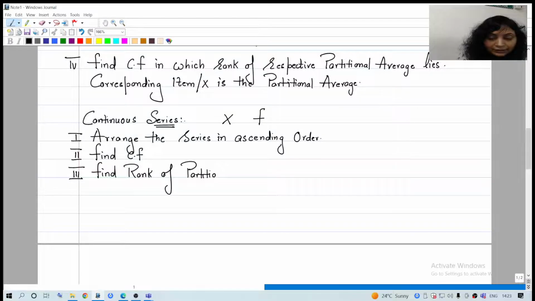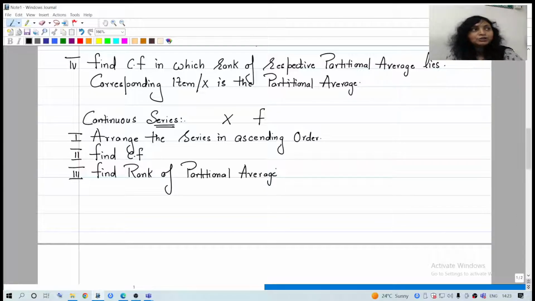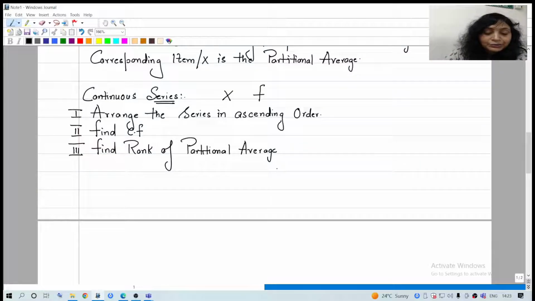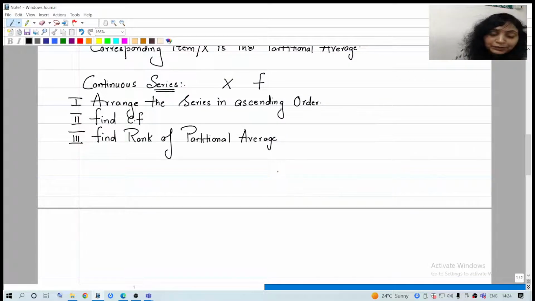Now again there is a slight change in continuous series. Whenever we are computing rank in individual series and discrete series, the formula for rank is the same, that is n plus 1 divided by number of partitions. But in case of continuous series, there is a slight change in computing the rank. If we are computing rank of median, we'll say n by 2. If we are computing rank of quartile, that becomes kn by 4.